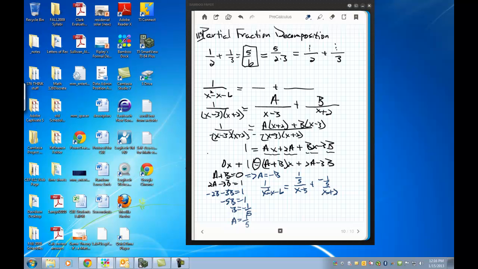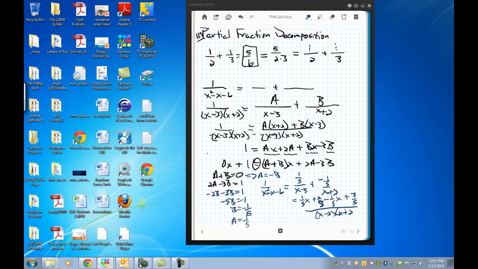If I cross multiply this, do you agree that the right-hand side will turn into 1/5 x plus 2/5? And then if I cross multiply, as though I'm finding a common denominator, minus 1/5 x plus, excuse me, 3/5, and then the whole thing is over x minus 3 times x plus 2.